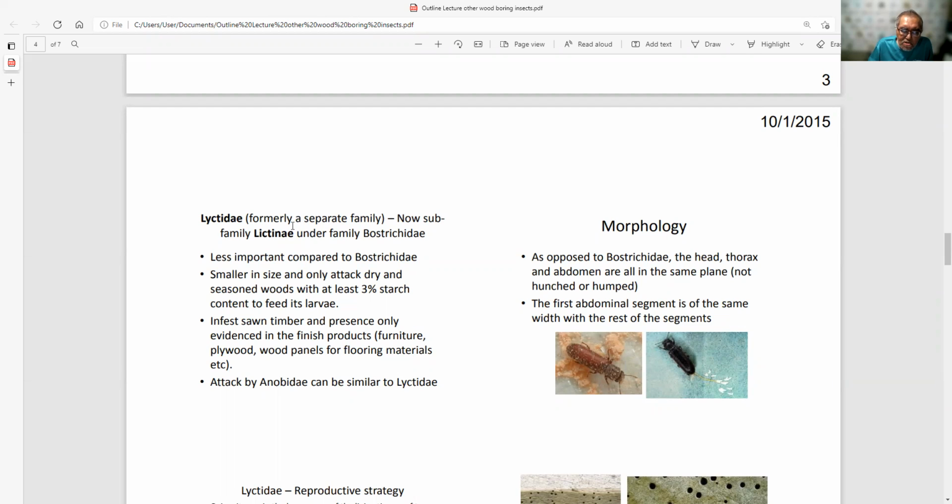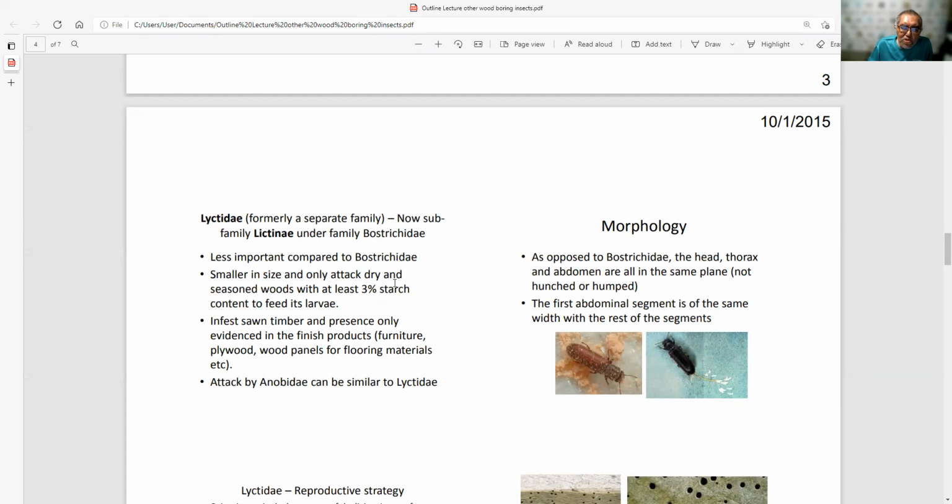Nothing is actually permanent. Otherwise, we consider Lictidae as just a family. Don't bother about designating it as a subfamily.